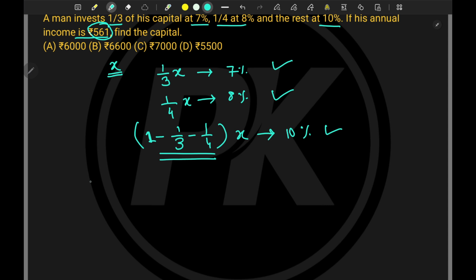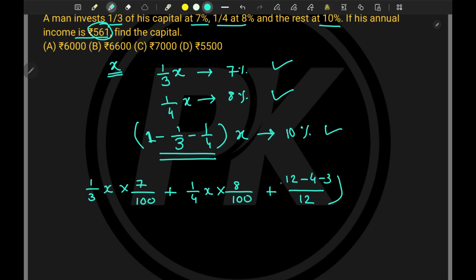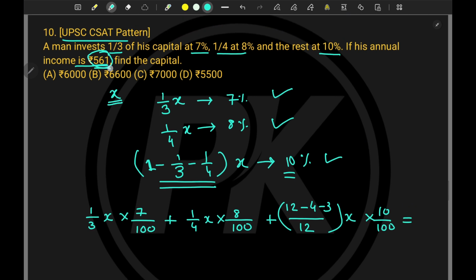If one third of his total capital is given at 7%, I can write (1/3 into X) into 7/100, plus (1/4 into X) into 8/100, plus (1 minus 1/3 minus 1/4) into X. Taking the LCM as 12, it becomes 5/12 into X, given at 10%, into 10/100. And that annual income is 561.